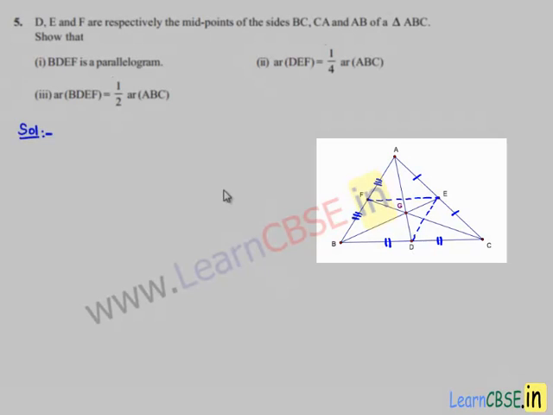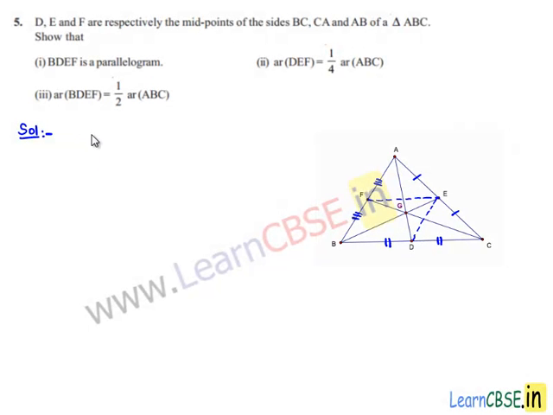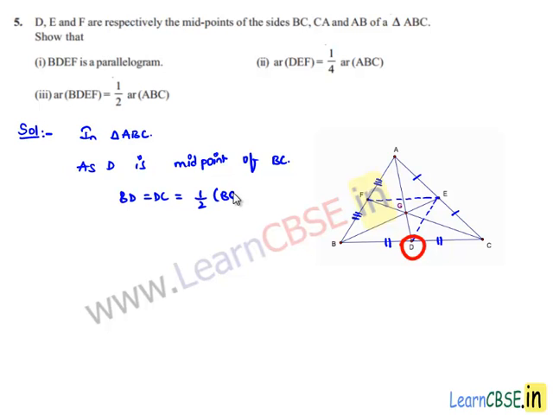Now in triangle ABC, as D is the midpoint of BC, we can say BD is equal to DC, which is equal to half times BC. And F is the midpoint of AB and E is the midpoint of AC.